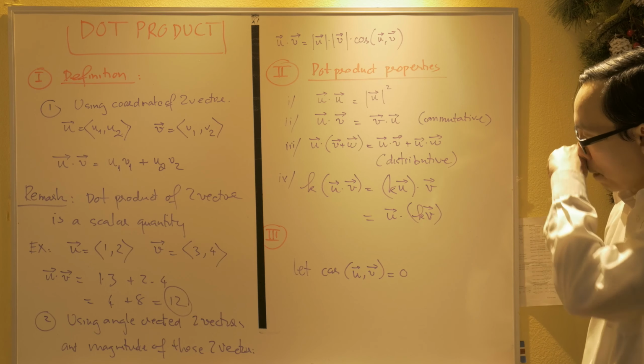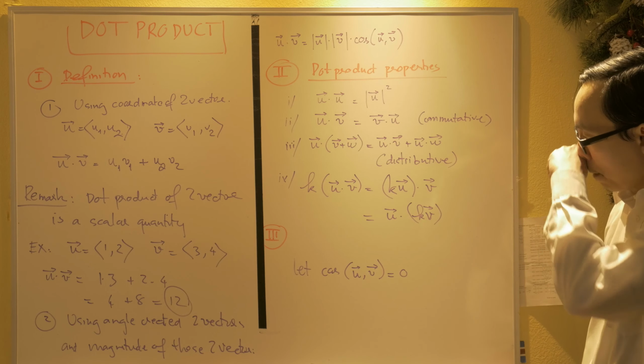If the angle between vector u and vector v is 90 degrees, then vector u and vector v are perpendicular to each other, right? So vector u is perpendicular to, this is the perpendicular symbol, vector v.